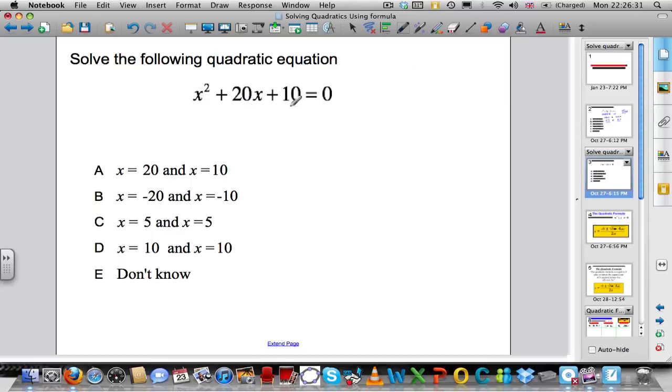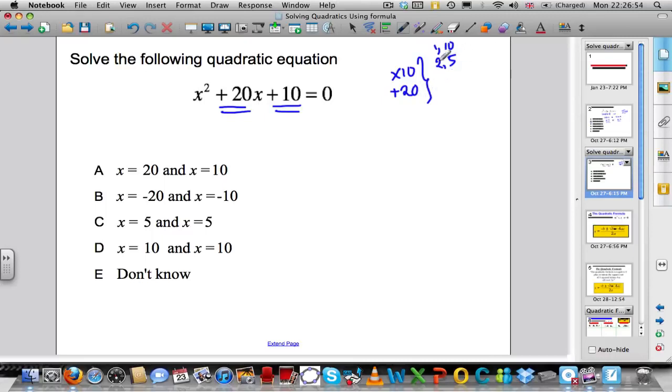I need to think of two numbers that multiply to 10 and add to 20. What times is to 10? 1 and 10. They can never add to 20. 2 and 5. They can never add to 20.